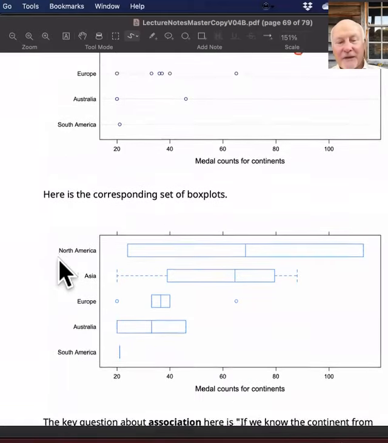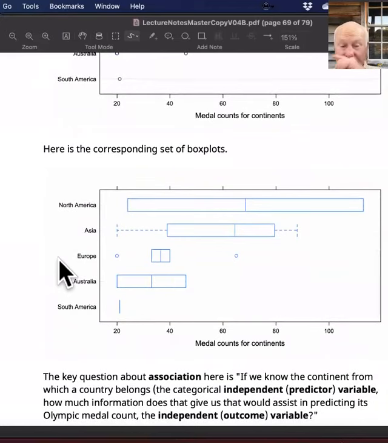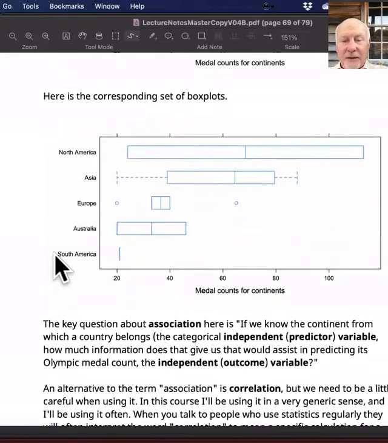And there's the same data as box plots. And again, it's a little bit hard to tell. The truth with this one is, I think you would look at that and think there's probably not too much we can conclude from this one. Probably draw a conclusion about South America and Australia.